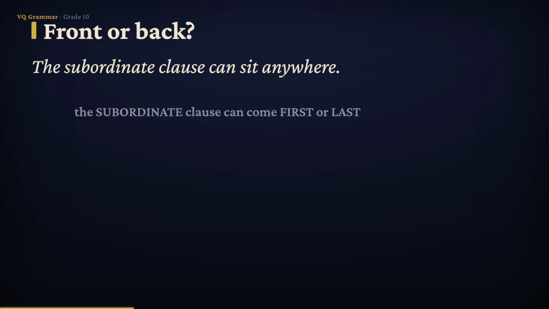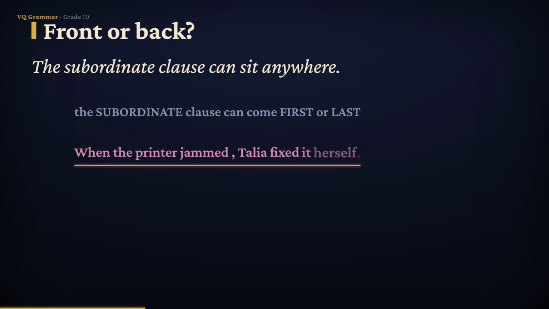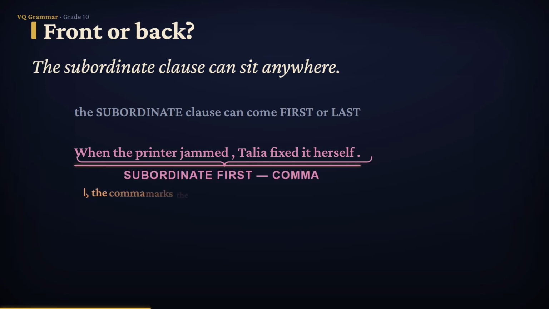Now, a subordinate clause is not stuck in one spot. It can lead the sentence, or it can trail behind it, and the sentence stays complex either way. Read the first one. When the printer jammed, Talia fixed it herself. The subordinate clause comes first, and we mark the handoff with a comma. Read the second one.